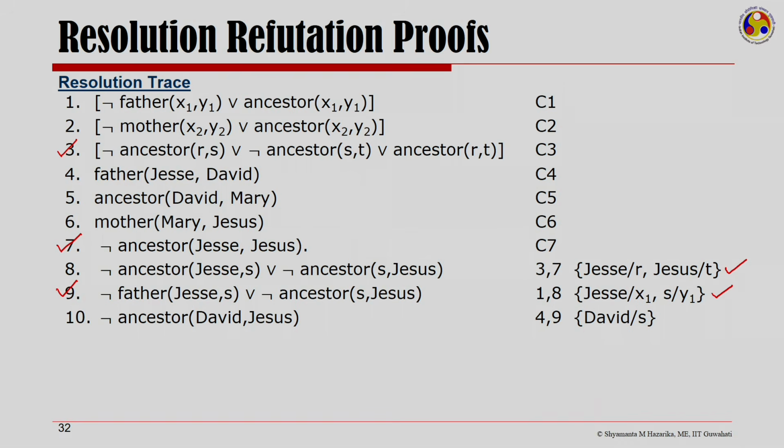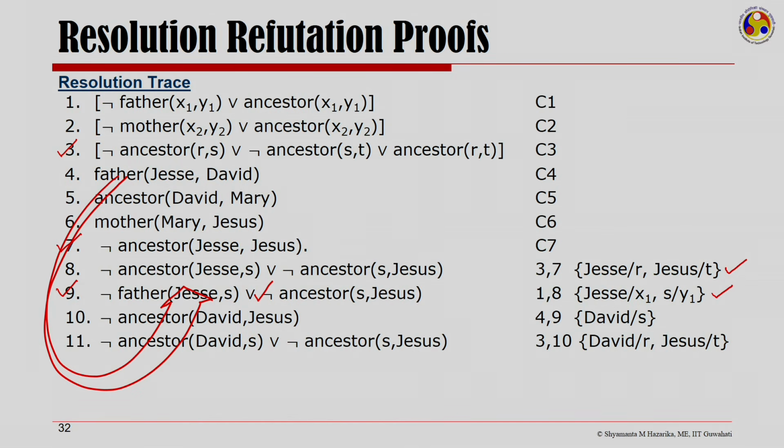We then have 4 and 9 resolved, and once we resolve 4 and 9, this father and father Jesse comma David, these are the complementary pair, and all I will be left with is not of ancestor David comma Jesus.